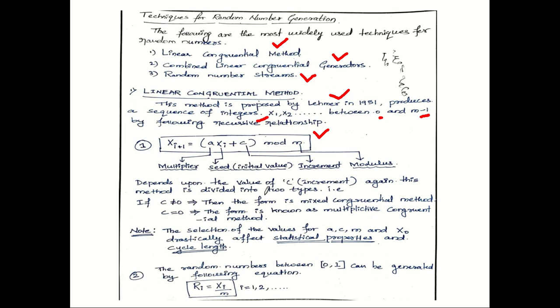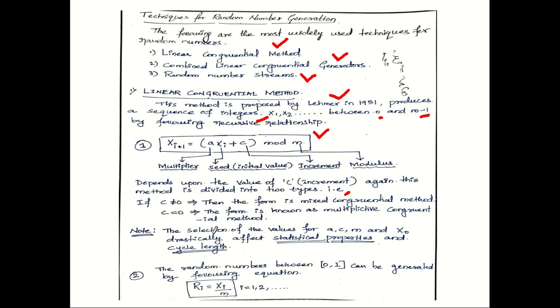Depending upon the value of c, this method is divided into two types. If the c value is not equal to 0, it is called the mixed congruential method. If the c value is 0, it is known as the multiplicative congruential method.